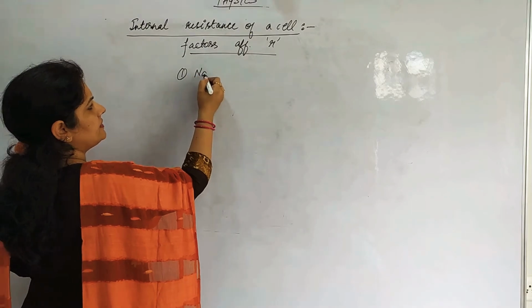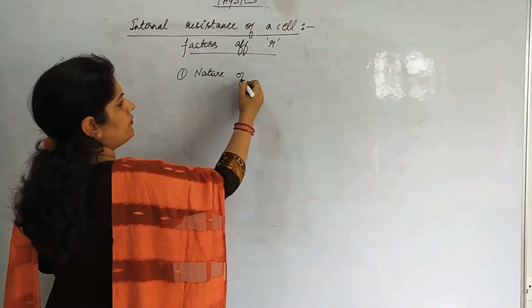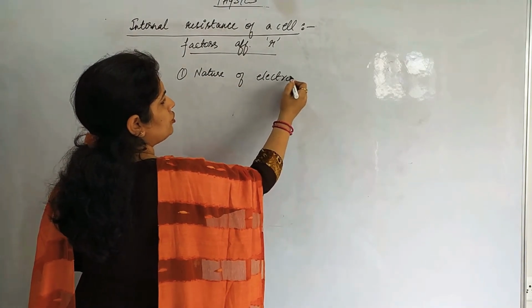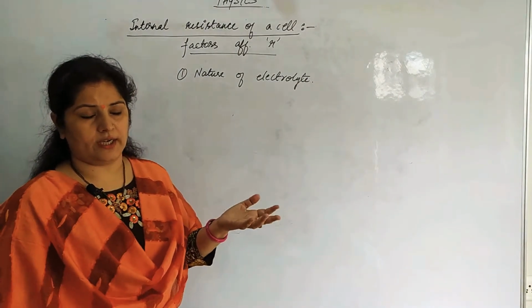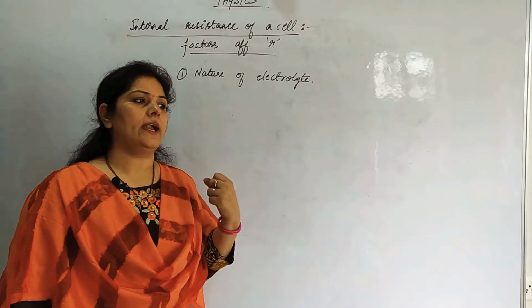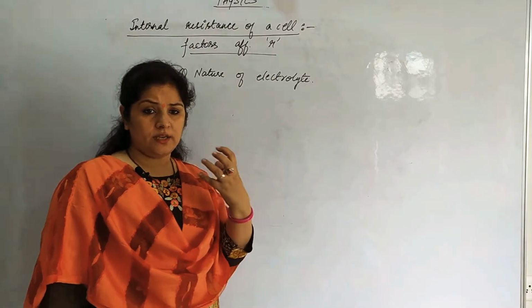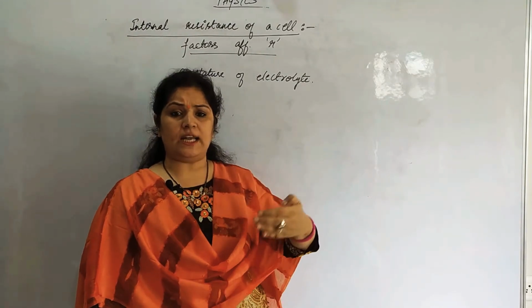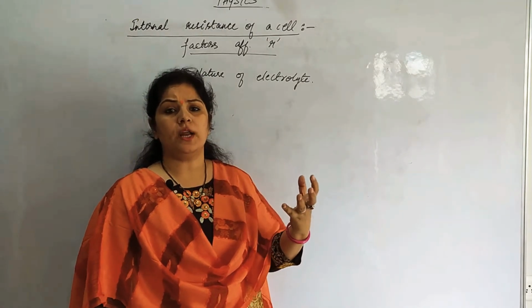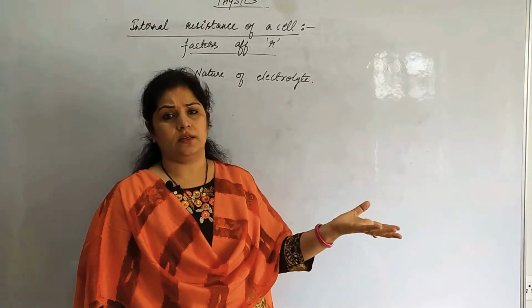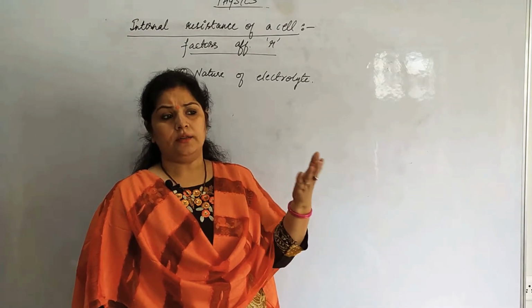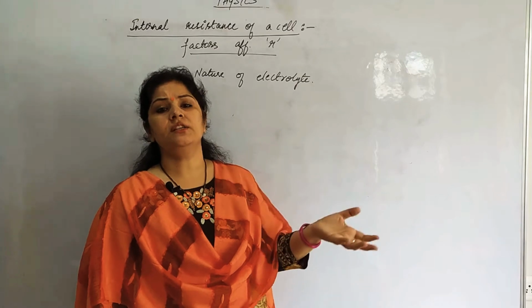Number one is the nature of electrolyte. So the internal resistance of a cell depends on the nature of the electrolyte. You must have studied the phenomenon of polarization, the hydrogen layer getting deposited. Some electrolytes do not allow current so easily, but some electrolytes easily give the current. The passage of charges is very smooth.